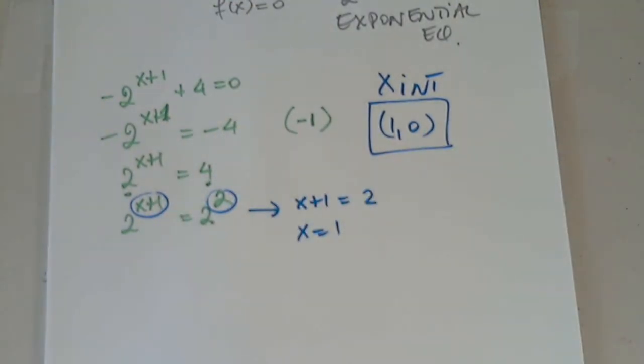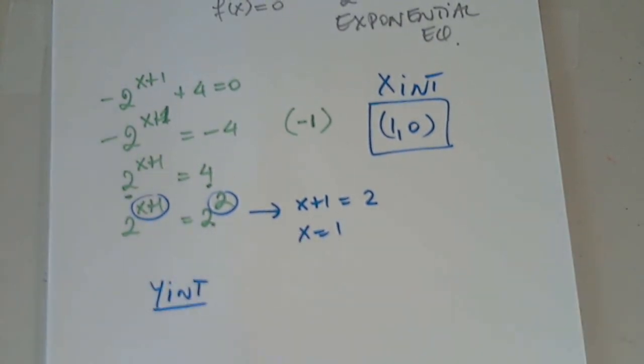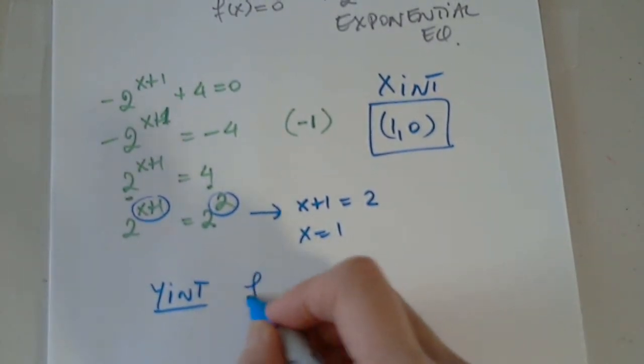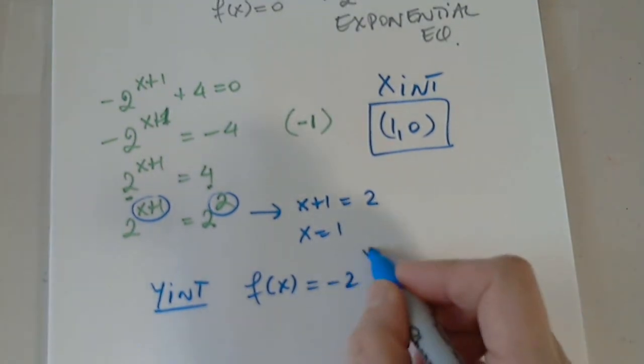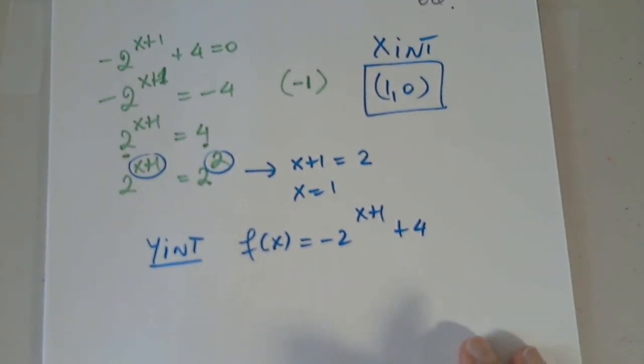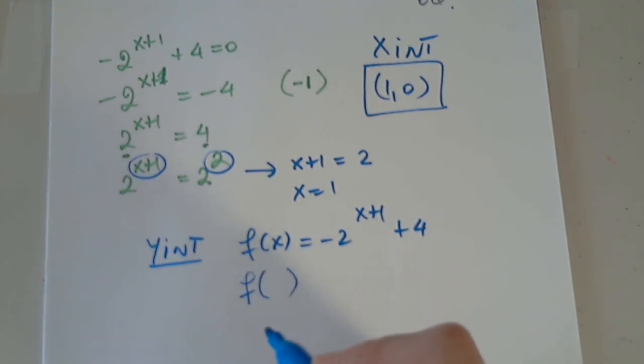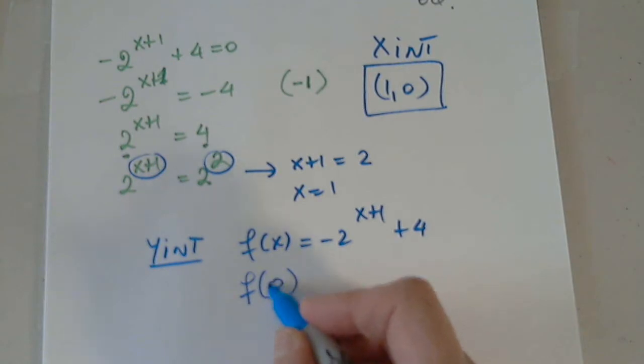And you had no idea how to solve this. And now you do. Okay, now the y-intercept. How do I determine the y-intercept for any function? I'm going to copy the function here. How do we find the y-intercept? Always, we determine f of 0. Excellent.